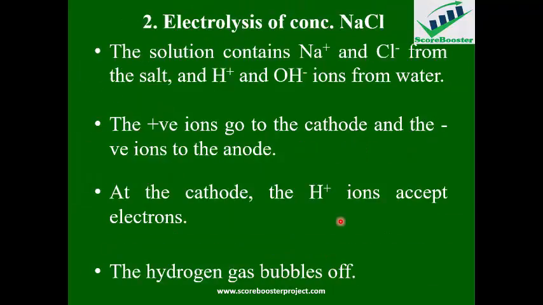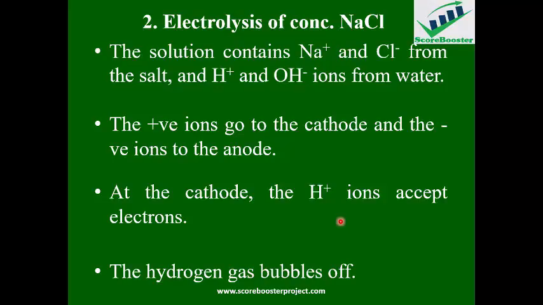Another example is the electrolysis of concentrated sodium chloride. Concentrated does not mean there's no water. There's water, but very limited, very little. The solution contains sodium and chloride ions from this, then hydrogen and hydroxide ions from water.